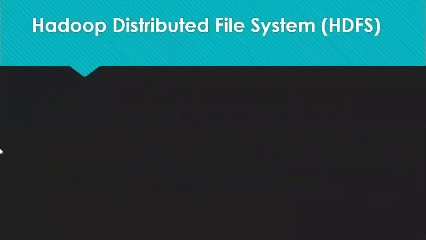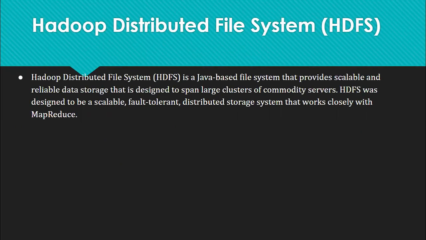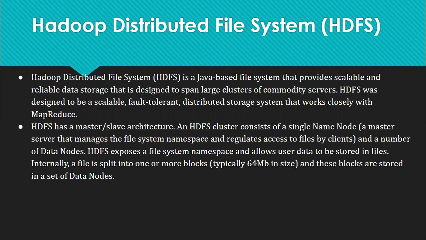Then we saw the architecture of the Hadoop Distributed File System. Here HDFS is scalable and reliable data storage working across a large number of clusters, and it also works closely with MapReduce.